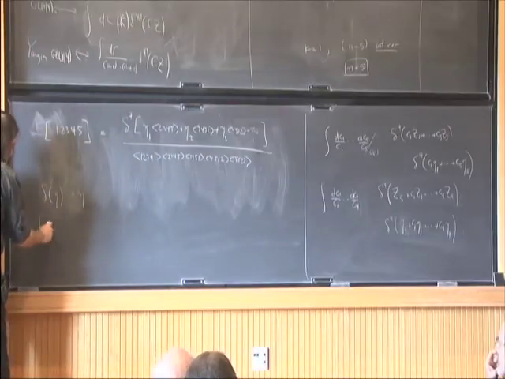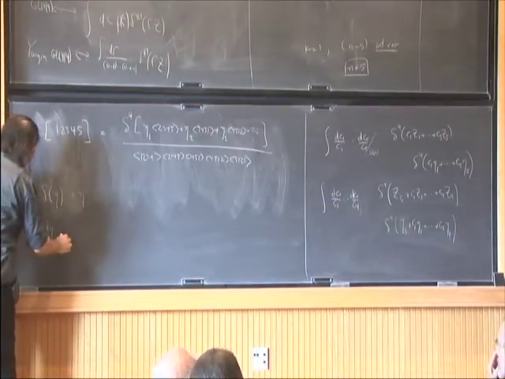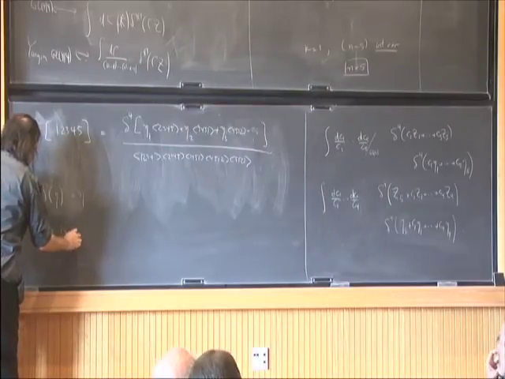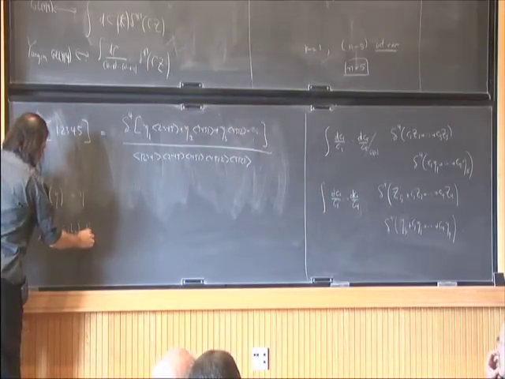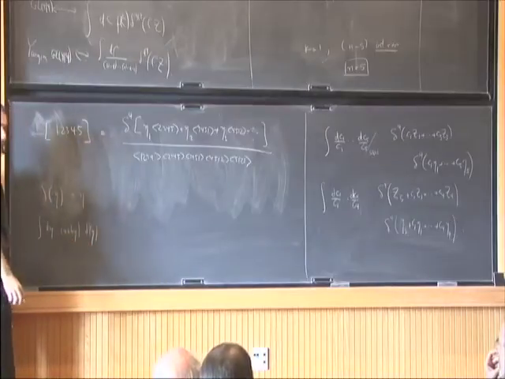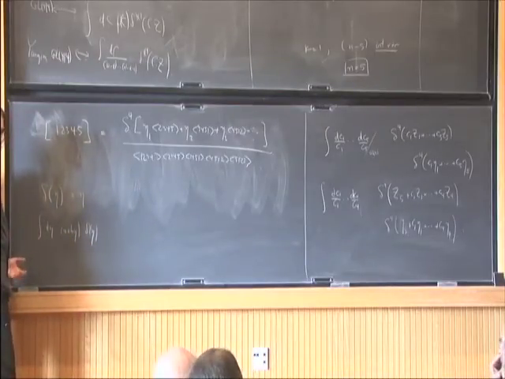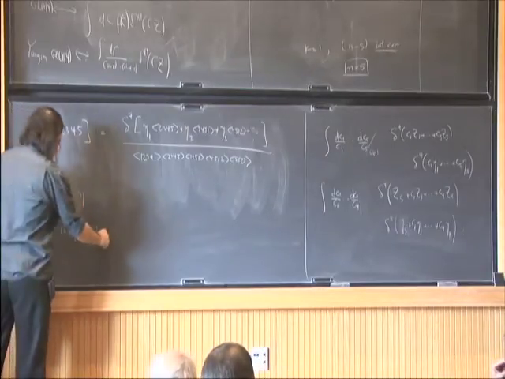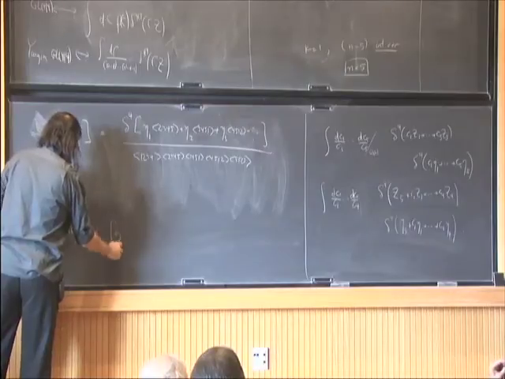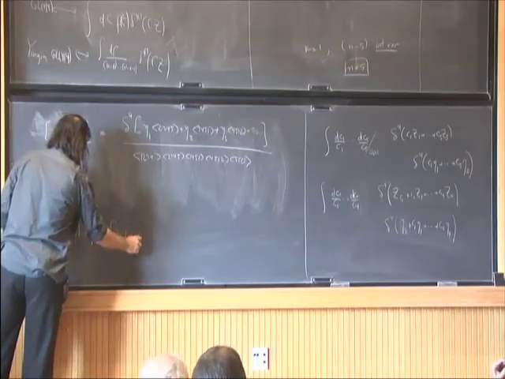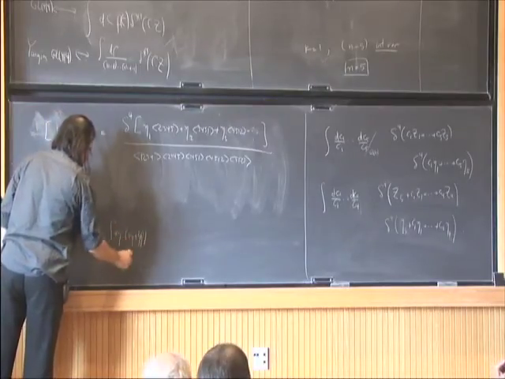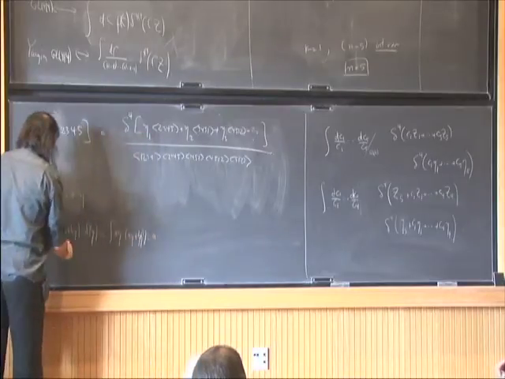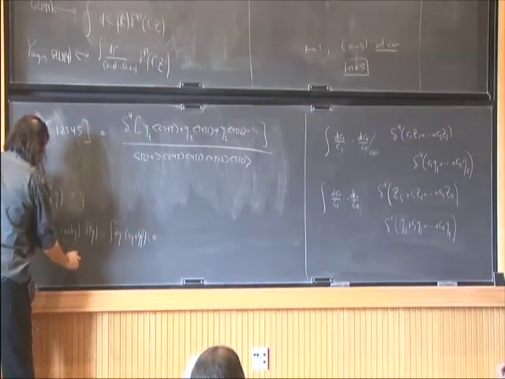So if you have the integral d eta of some a plus b eta, which is a general function of eta, times delta of eta, then you would like this to equal f at 0. You'd like this to equal a, which if you make delta eta equal to eta, it does. So this is equal to the integral d eta of a eta plus b eta squared, which is 0, which is a, which is f at 0.